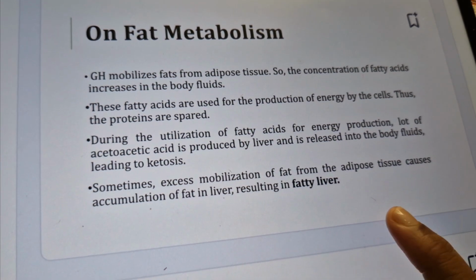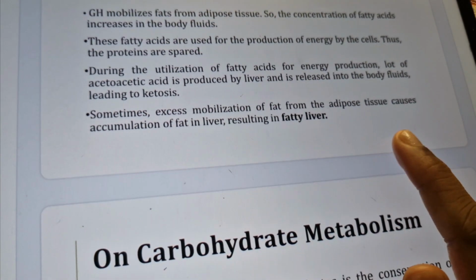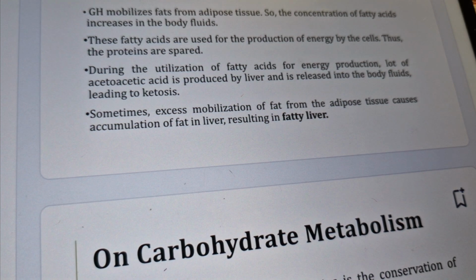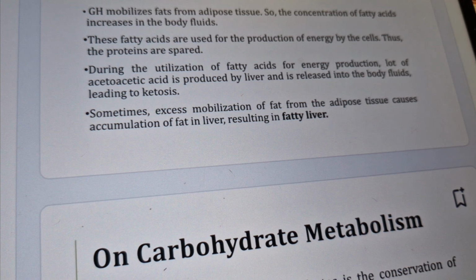Sometimes excess mobilization of fats from the adipose tissues causes fatty liver, because everything should be metabolized in the liver to produce energy. So all free fatty acids from the adipose tissues start migrating into the liver. The amount of free fatty acids entering the liver is not leaving the liver, so it starts accumulating and causes fatty liver.